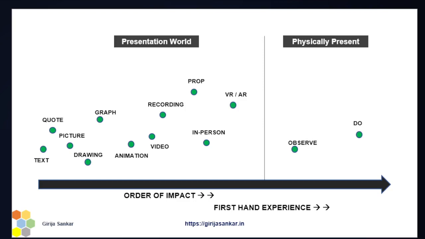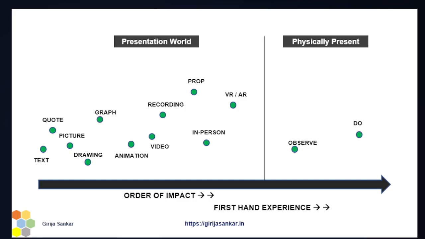And rather than showing them a static picture, if you draw something on the board right in front of them, that gives the audience much more impact than showing them a static picture.